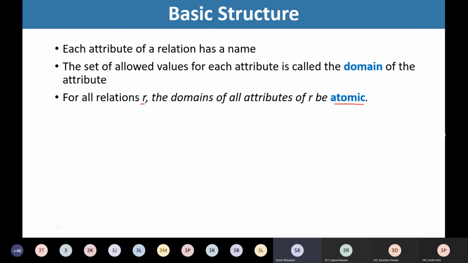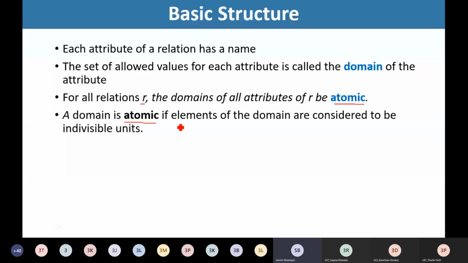So we are going to focus upon now this new term. What we are saying, domains of all attributes are atomic domains. What we mean by that? A domain is atomic if elements of the domain are considered to be indivisible units. What we mean by that?